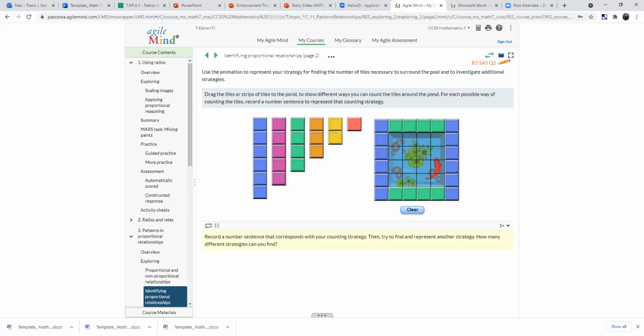And so, of course, in the box that's on your page, all you have to do is write in 6 plus 6 plus 4 plus 4, because that's exactly what I did right there.